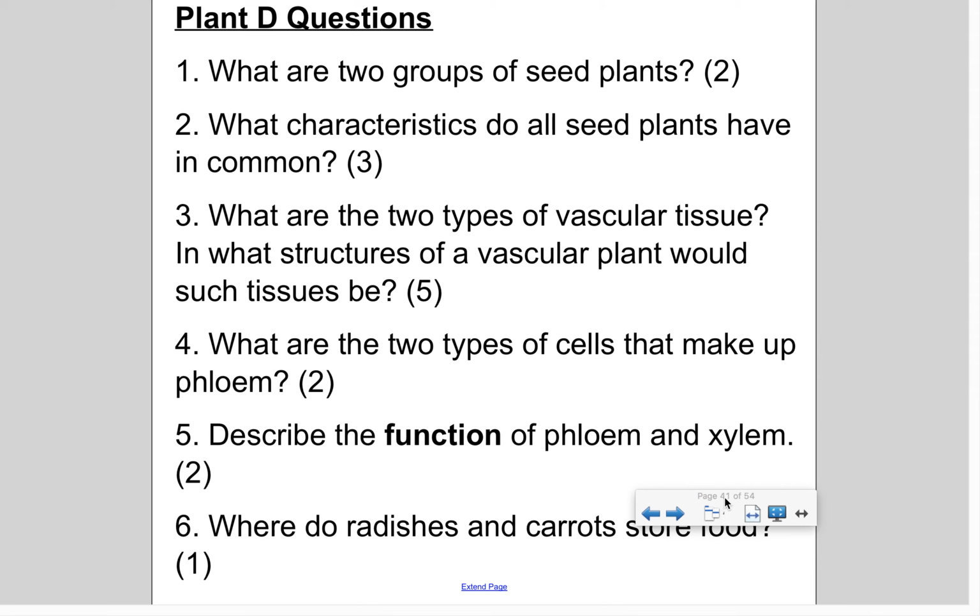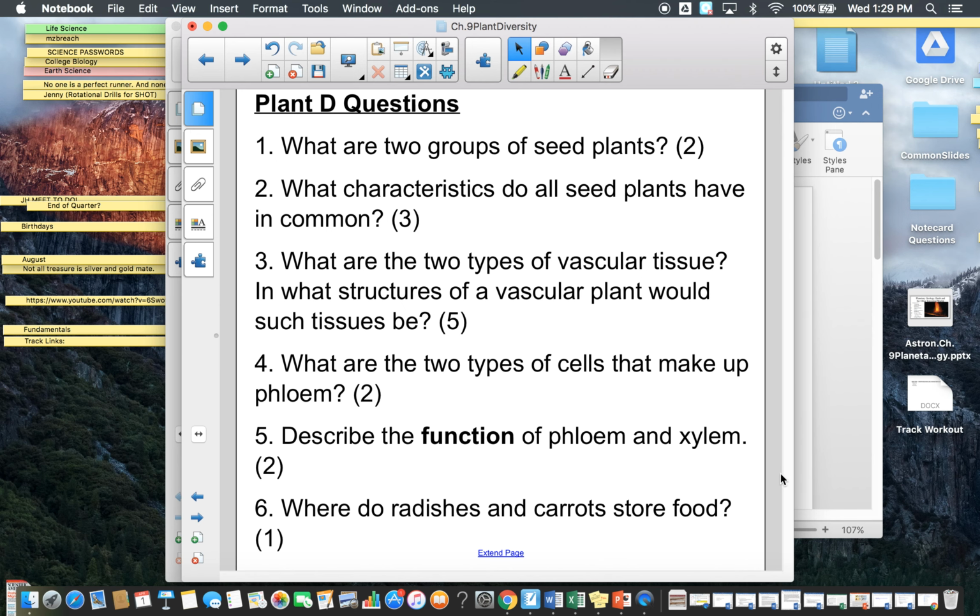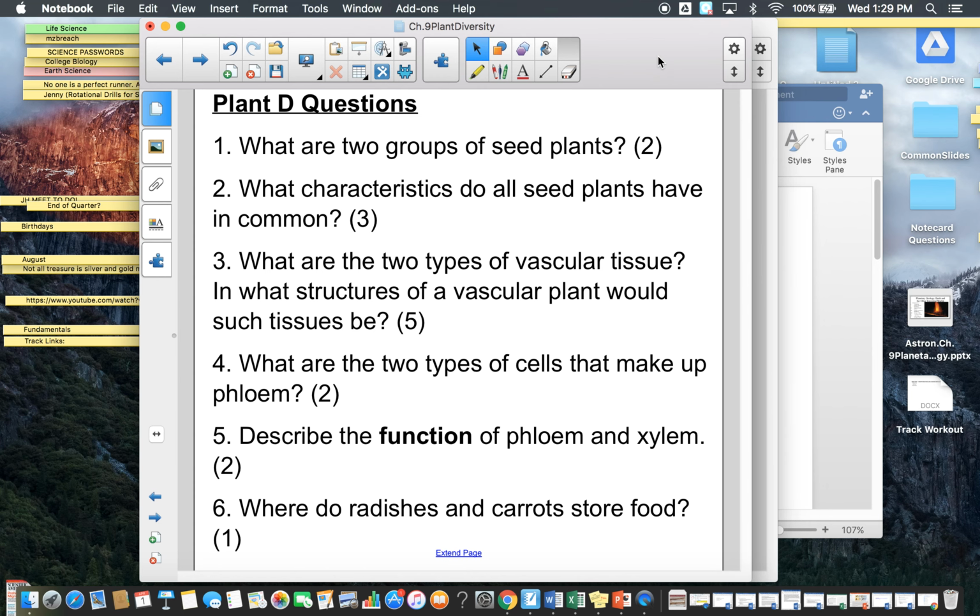For the final question, question 6, you might need to look at your book. All right, let me know if you have questions through iRemind or email, and good luck.